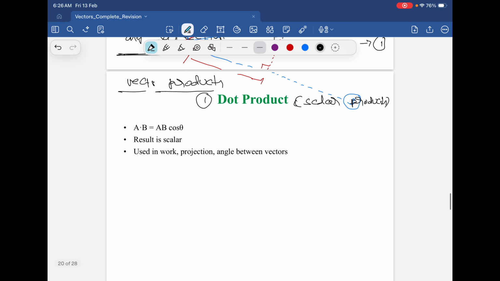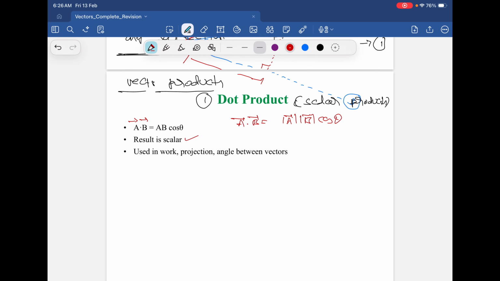If two vectors a bar and b bar are there, you can simply write a bar dot b bar is equal to mod a mod b cos theta. The result is a scalar, so what product? Scalar product.